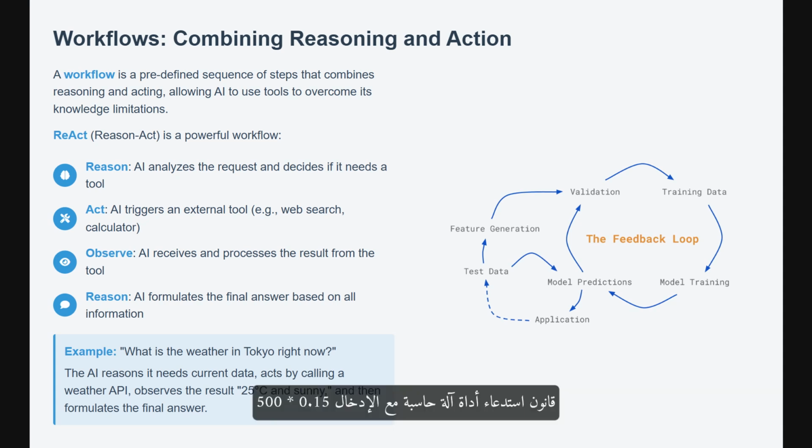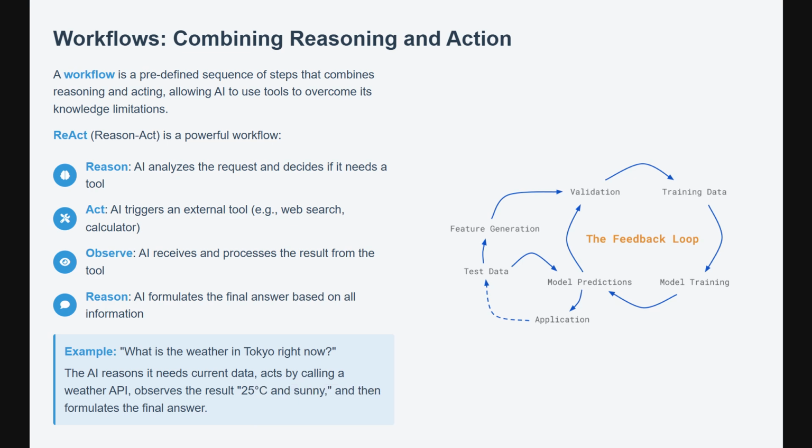Act, call the calculator tool with the input 0.15 times 500. Observe, the tool returns the result 75. Reason, I have the correct answer and can now present it to the user. The final answer is 15% of $500 is $75.